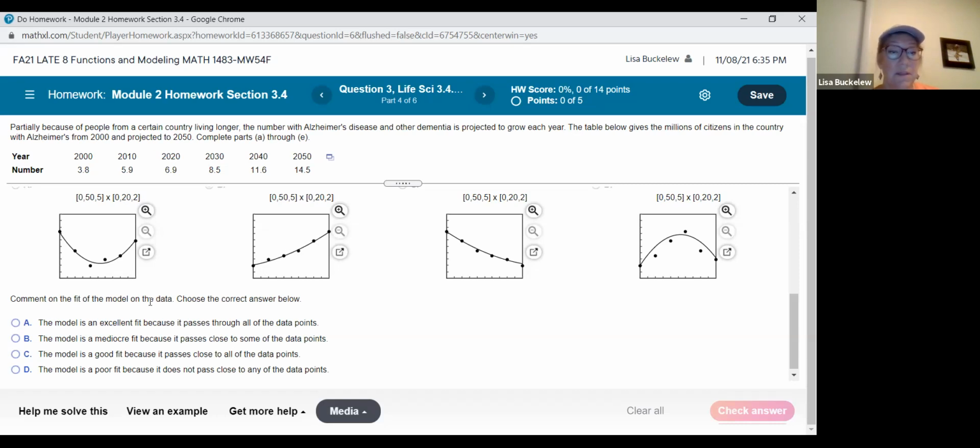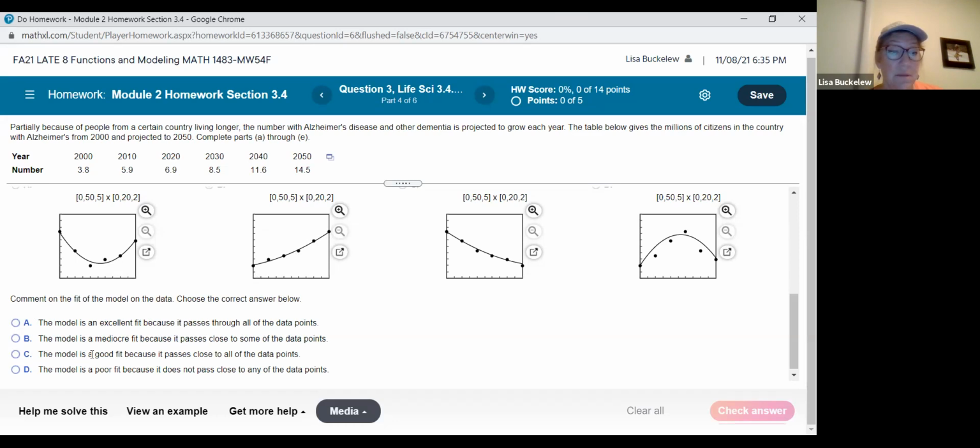So let's see, comment on the fit of the model, choose the correct answer below. A, the model is an excellent fit because it passes through all of the data points. Oh, maybe, I don't know if it passes through. Part B, the model is a mediocre fit because it passes close to some of the data points. I mean, that describes what a mediocre fit would look like, but I think it does better than that.